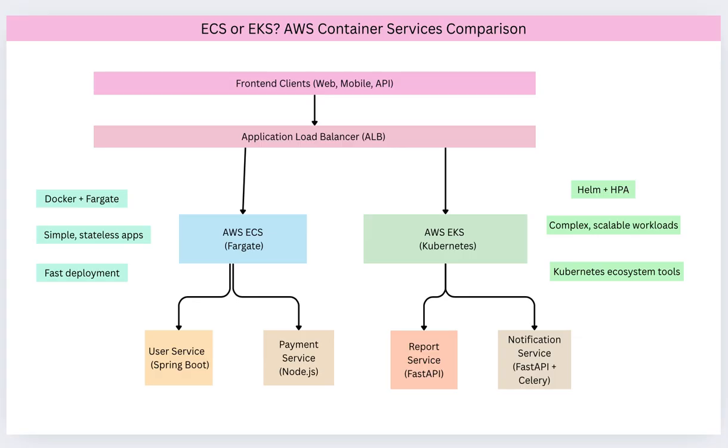Based on the type of service and its requirements, the ALB routes the request either to AWS ECS or AWS EKS. This routing decision is driven by the complexity and scalability needs of the service.